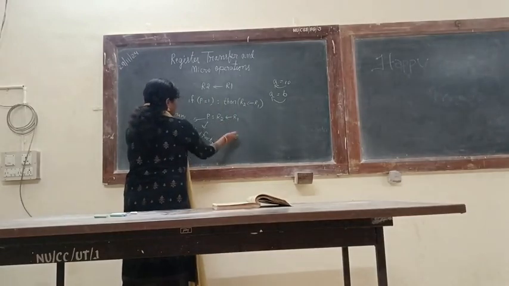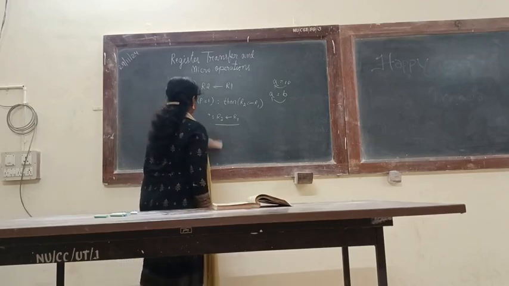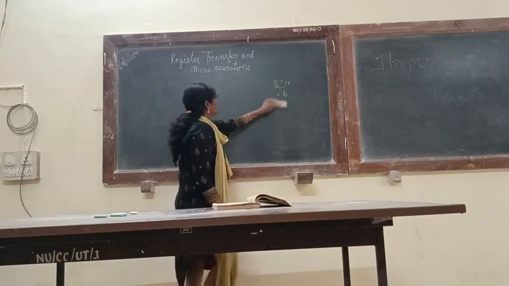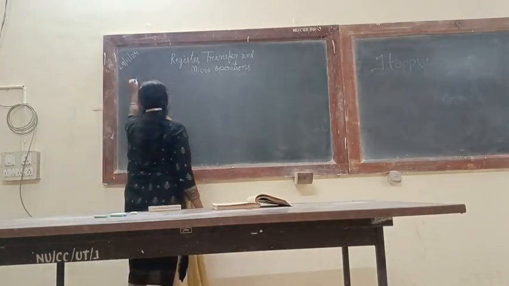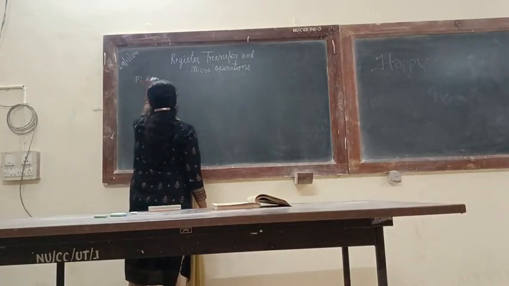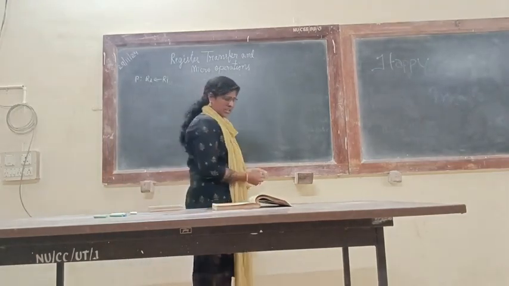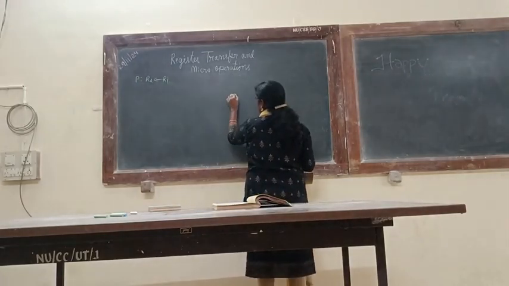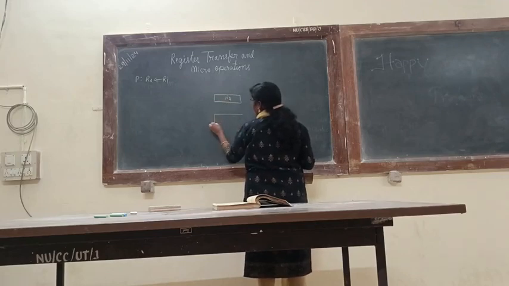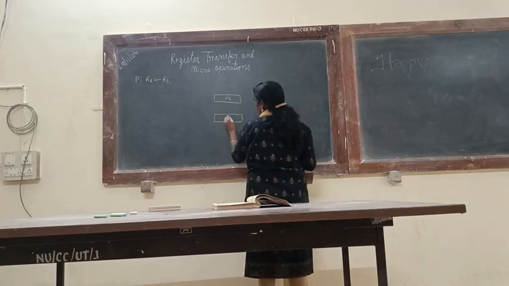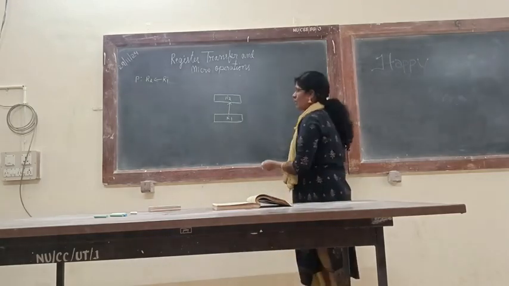Now we will see this register transfer statement in a diagram. In the diagrammatic representation, we have a register called R2 and a register called R1. R1 contents are transferred to R2.